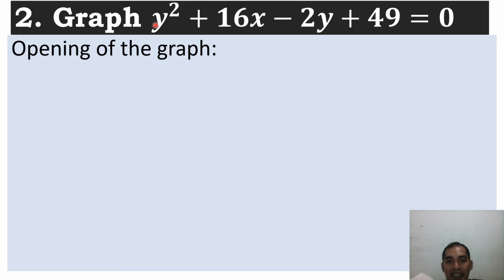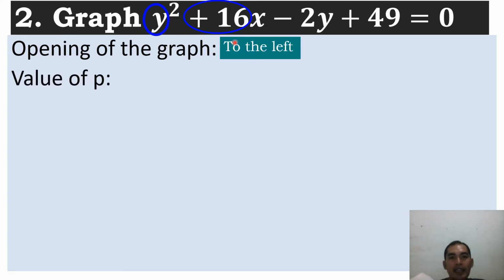So y meaning sideward ang graph, and coefficient of 16x is positive when you transpose negative, so meaning the opening of the graph is to the left. Now for the value of p, we get the coefficient of x, which is positive 16. When you transpose is negative 16, always divide it by 4. So negative 16 divide 4 is negative 4. That's the value of p.